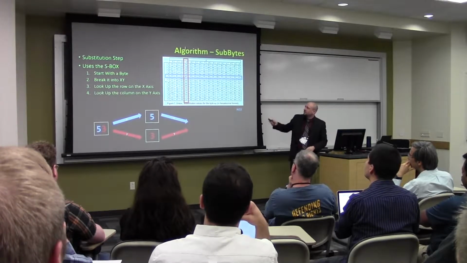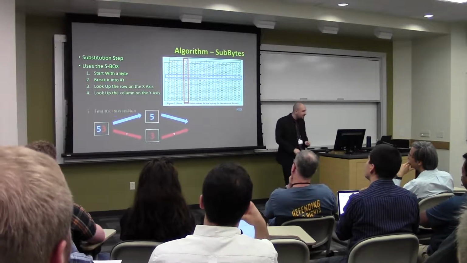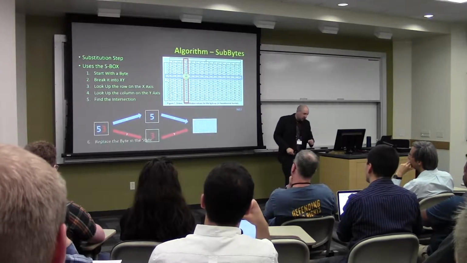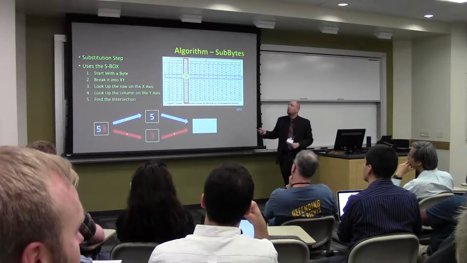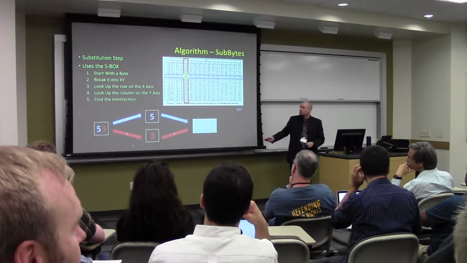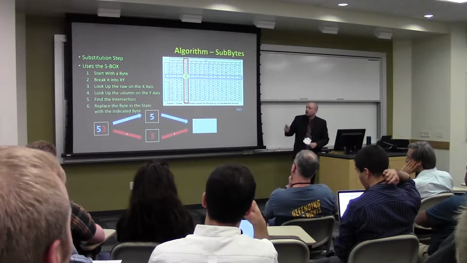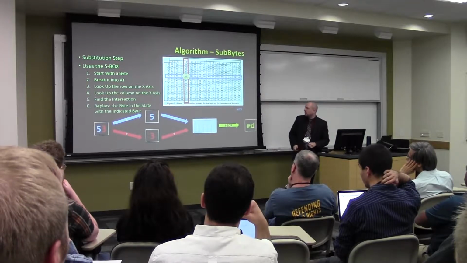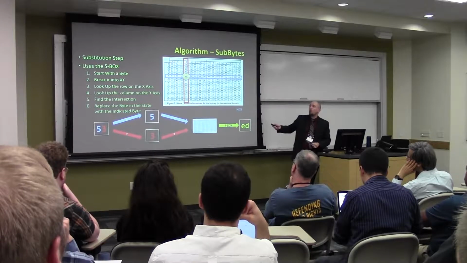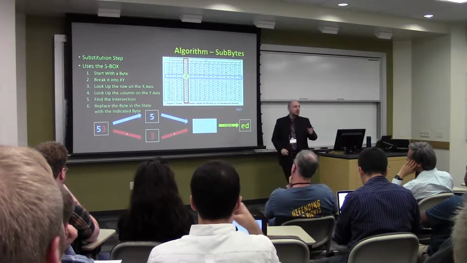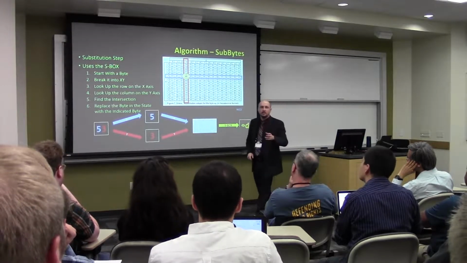Where the two intersect is what we're going to substitute in. So in place of 53, we're going to replace that byte in the state with the indicated byte, in this case ED, because that's what the S-box told us to do. Now there's also an inverse S-box.